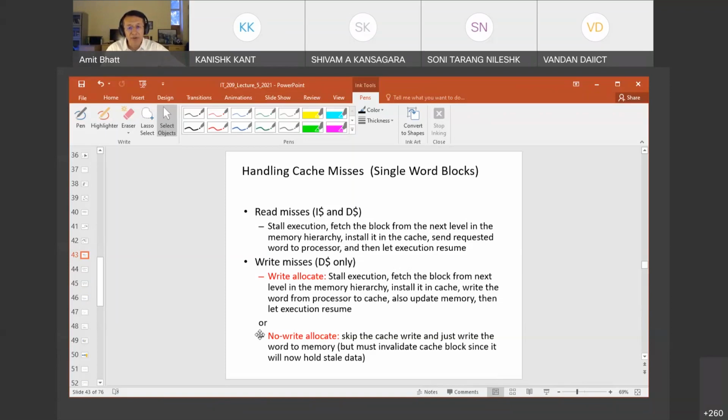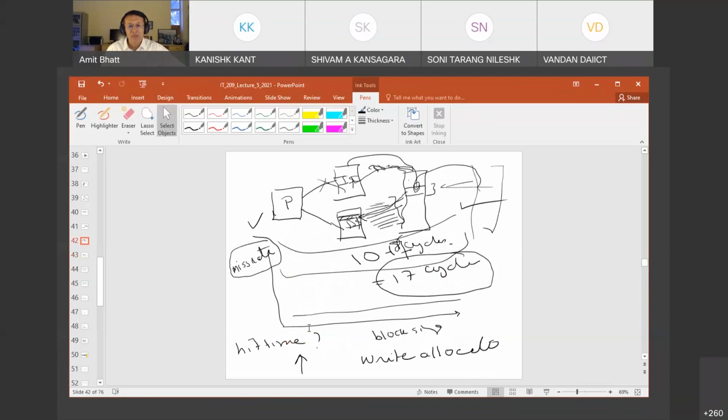A good architect would ask, why don't you use no write allocate? What it means is that instead of making the processor wait for 10 cycles till this block is brought here and then only allowing the processor to write it, they say use a buffer.